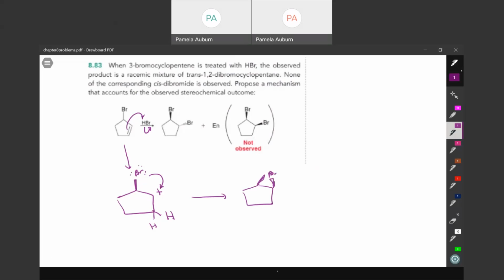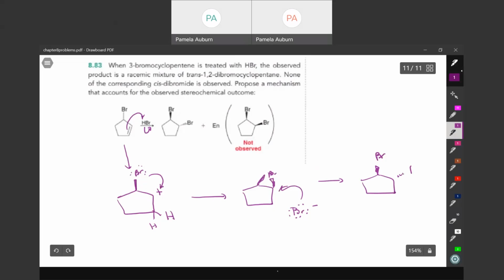I have a Br minus that's still floating around from this first reaction. It's going to come in, do a SN2-like reaction. So what I would end up with is this up, that guy down, plus the enantiomer.